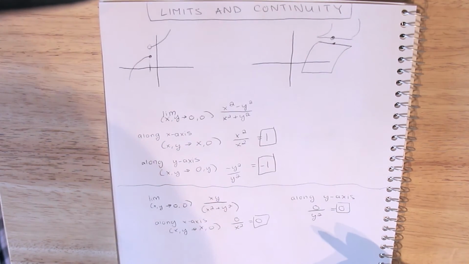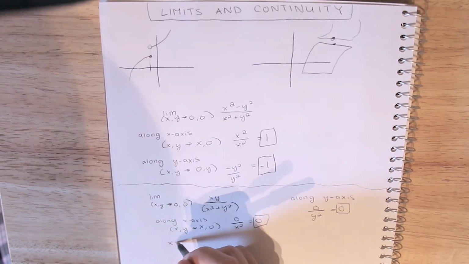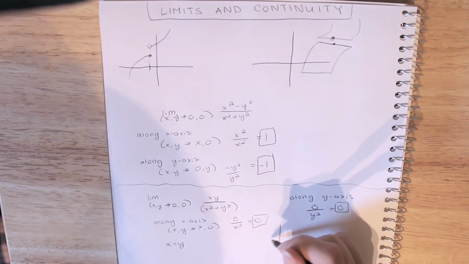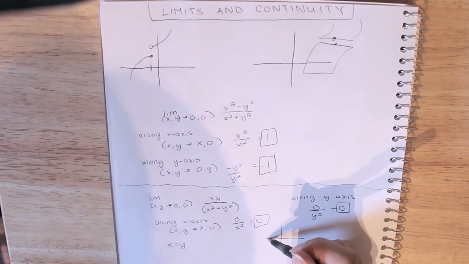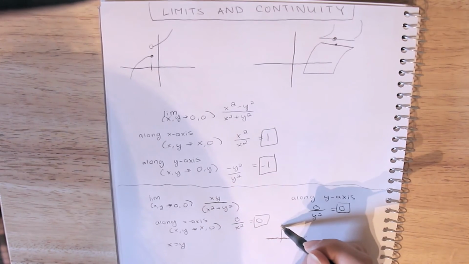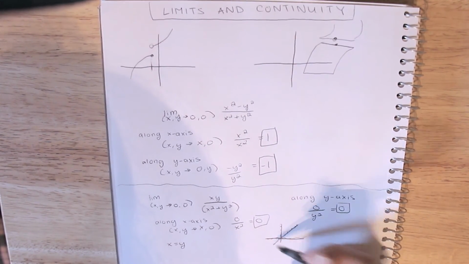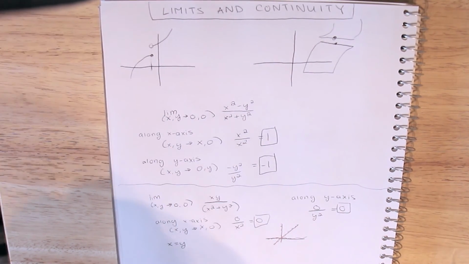So how about we try x equals y? So this is just going to be a line. Say we did this in 2D, we're just approaching from various lines. We approach from the x-axis, the y-axis. Now x equals y is just a line that looks like this. We're trying to approach 0 from this one now.